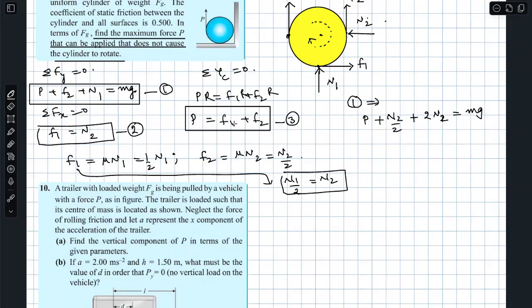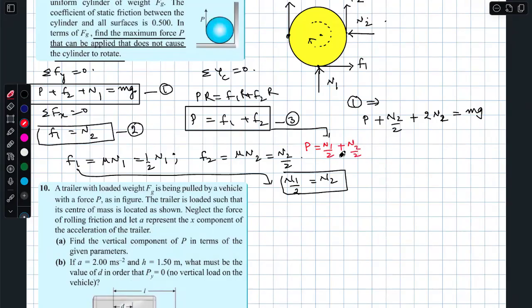But on the other hand, P can also be written as F1 plus F2, right? I'll change the color to avoid confusion. F1 is N1/2, F2 is mu N2, N2/2.